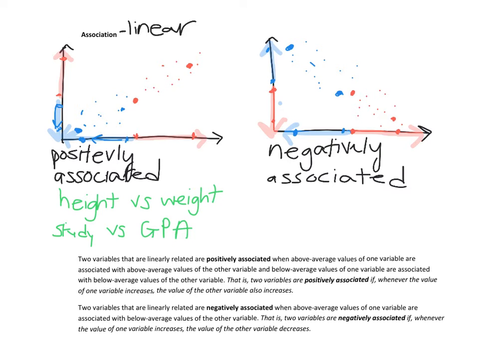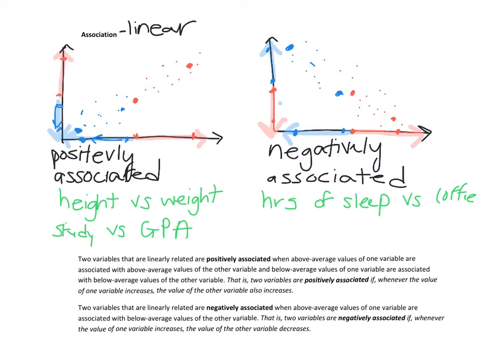All right, negative association. Let's see if we can think of that. We looked at the example on the first page, hours of sleep versus ounces of coffee. That had a negative association. The less sleep we have, the more coffee we need. And vice versa, depending on the study. The more coffee we drink, the less we sleep.